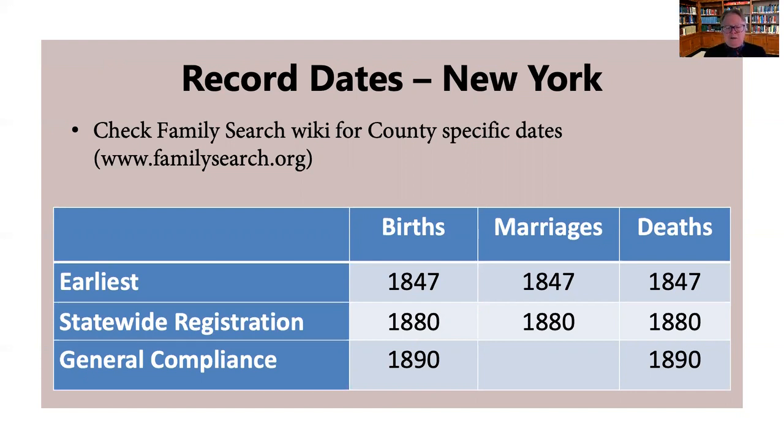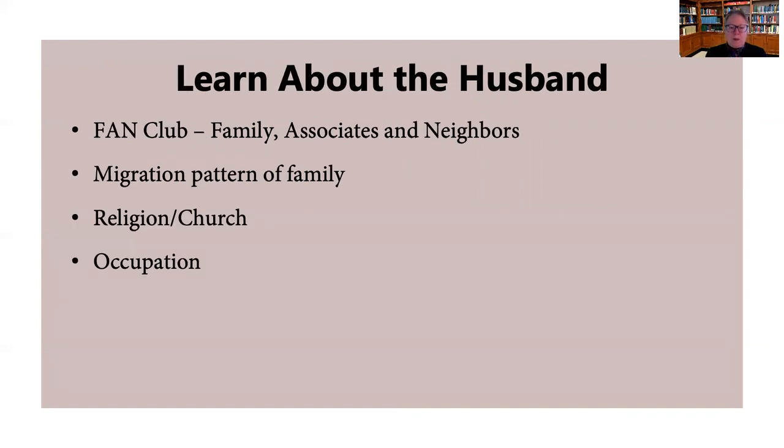Statewide registration was not mandated until 1880 with general compliance by 1890. So if you can't find that record from 1805 in New York State, it's probably because it doesn't exist.